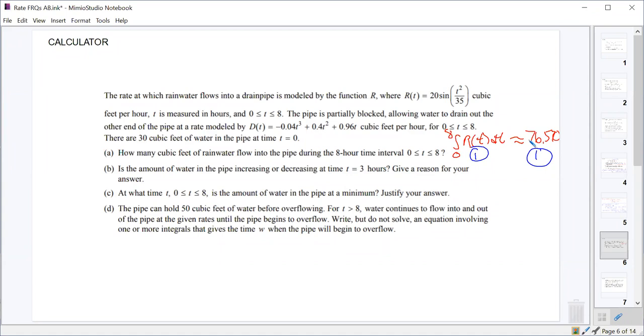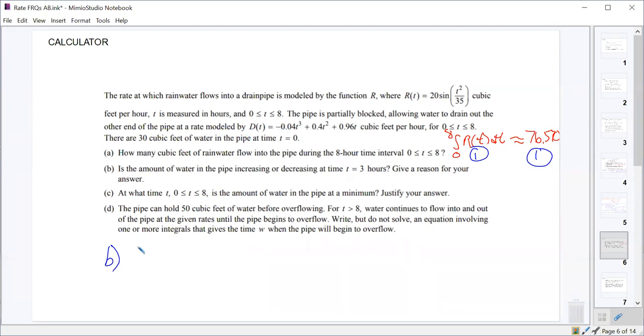All right. Is the amount of water in the pipe increasing or decreasing at t equals 3? To determine if it's increasing or decreasing, we should look at the rates at which it either increases or decreases. The rate at which the amount of water is increasing is R of t, and the rate at which the amount of water is decreasing, as it's draining out, is D of t.